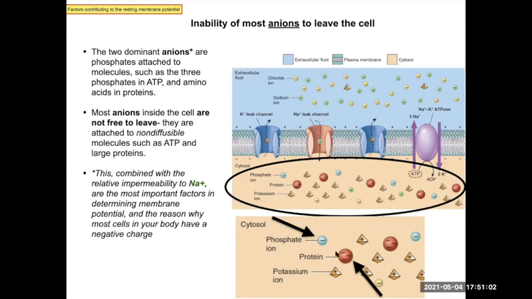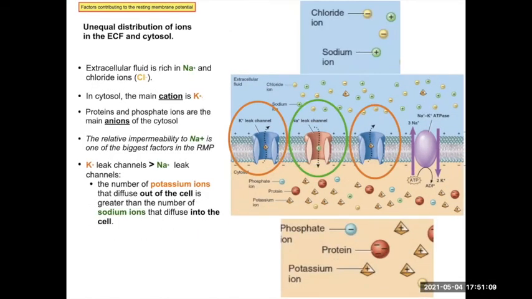So if you have a large negative charge inside, all those positively charged molecules want to get in. Sodium, which is a little more permeable, is going to go inside the cell because of that negativity. The cell would be about minus 90 millivolts. But because your sodium is able to flow inward, that brings it to about minus 70.